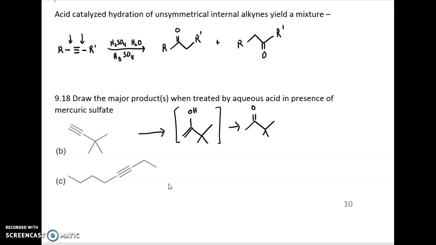This compound is an asymmetric internal alkyne, and we're going to get two different products with it. And I'm going to number them 1, 2, 3, 4, 5, 6, 7, 8. So it's going to be an octane.